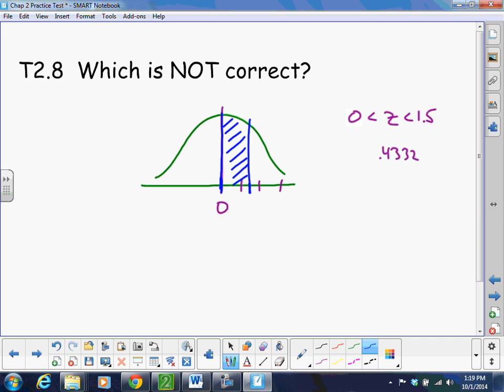The fastest way to check it, if you ever need an area under here, you need a normal CDF, the normal cumulative density function. And just use those z-scores as your boundaries. We started at 0, we went up to 1.5. And again, on the old calculators, you can just leave those two. It will automatically assume you're doing 0 and 1 for the mean and standard deviation. And I think you'll find that one actually does match up. That's correct.